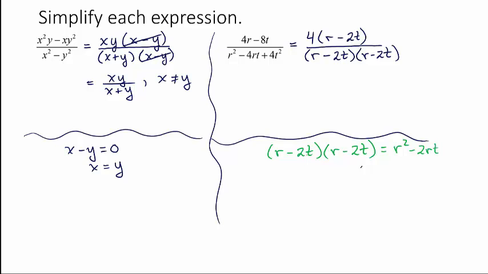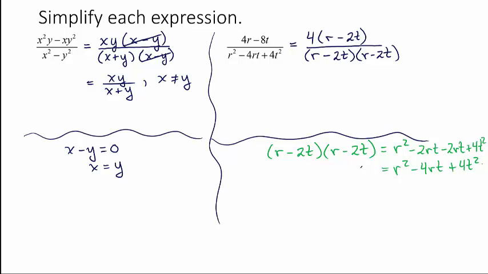The inner term is negative 2t times r, which is minus 2rt. And the last term is negative 2t times negative 2t, which is plus 4t squared. So what is that? r squared minus 4rt plus 4t squared. Yes, okay, I just wanted to make sure that my factoring was correct on that.